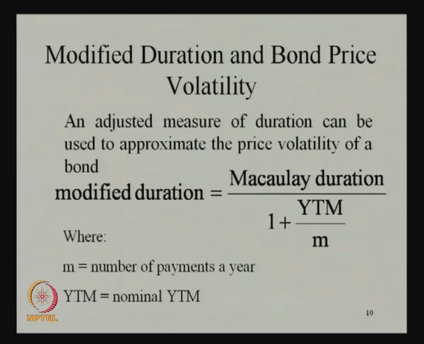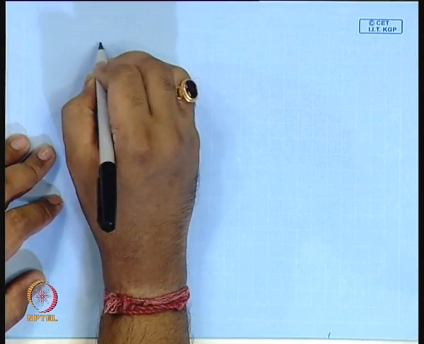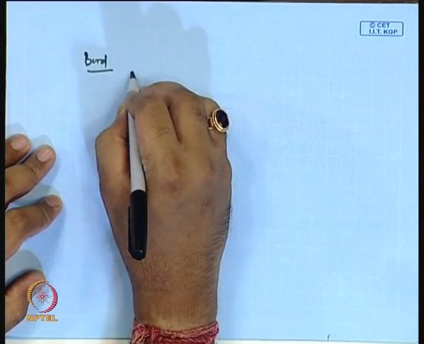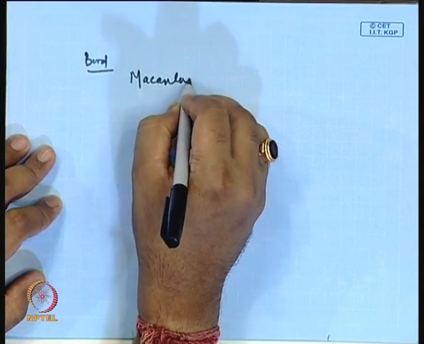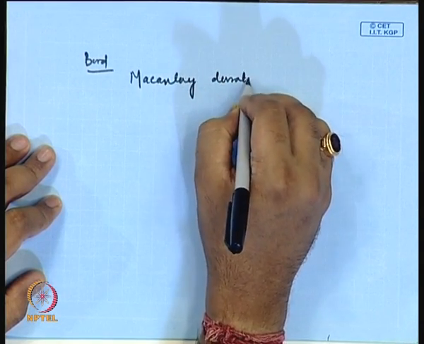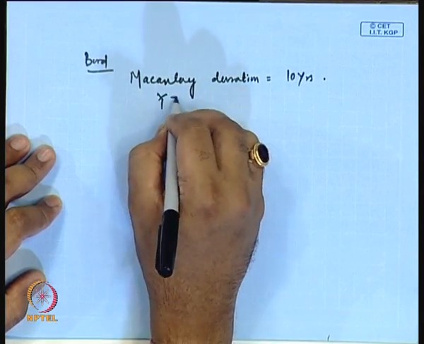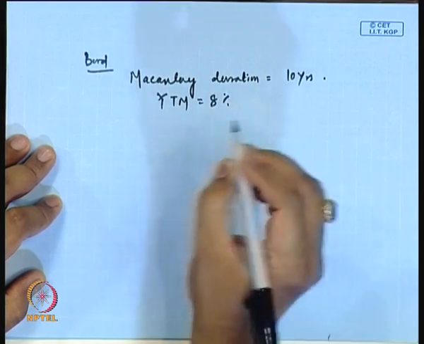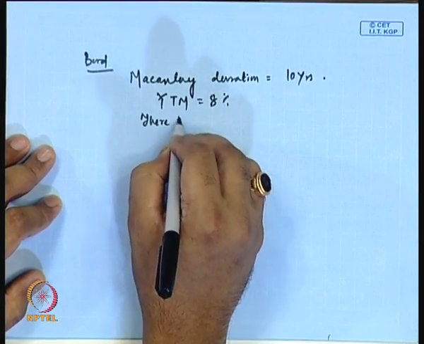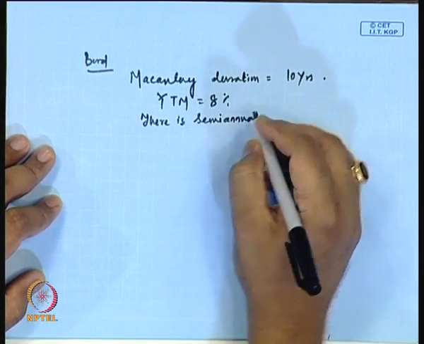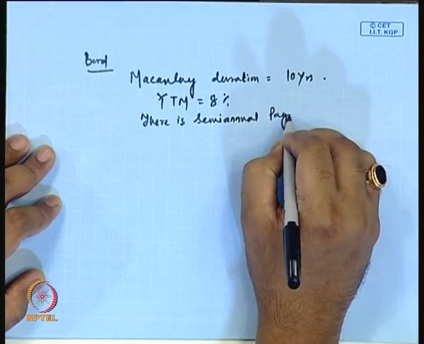For example, consider a bond where the Macaulay duration is 10 years, the yield to maturity is 8%, and there are semi-annual payments of interest.